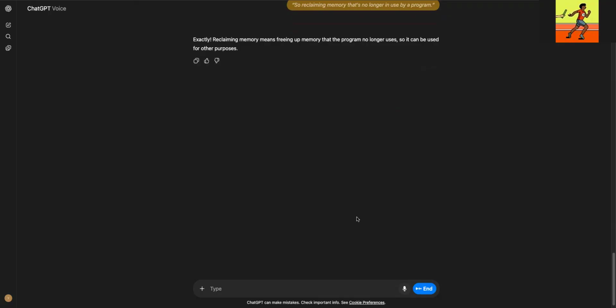Okay, next word. What does outright mean? So for example, without effective memory management, programs can gradually eat up more and more memory, leading to slower performance, crashes, and outright failure. What does outright mean?